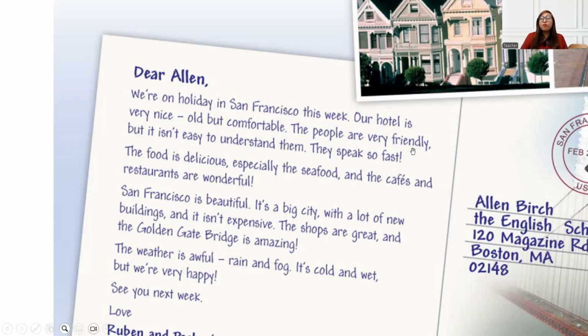The people are very friendly, but it isn't easy to understand them. So you can say about the people, the writer mentioned the people they met in San Francisco using the adjective friendly. The people are very friendly.